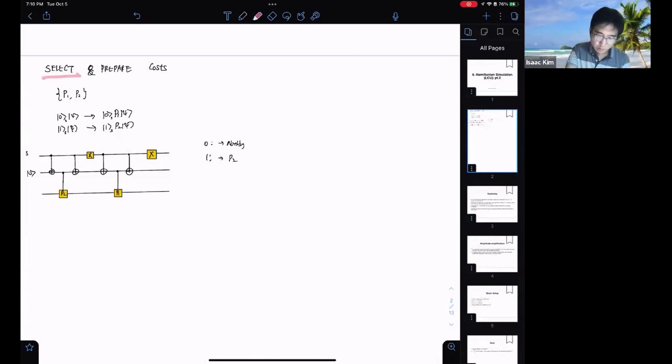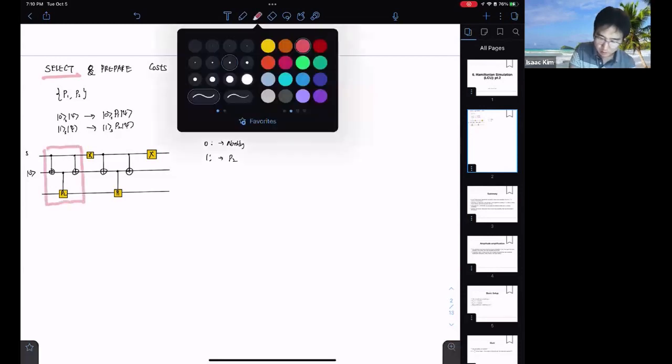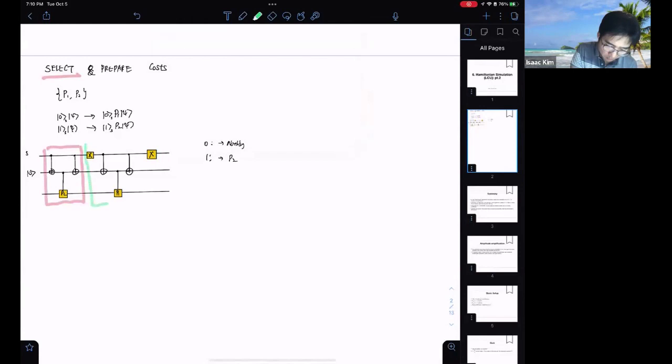What I want you to do is compare this part and that part. They look very similar, and they have a similar role, but slightly different.